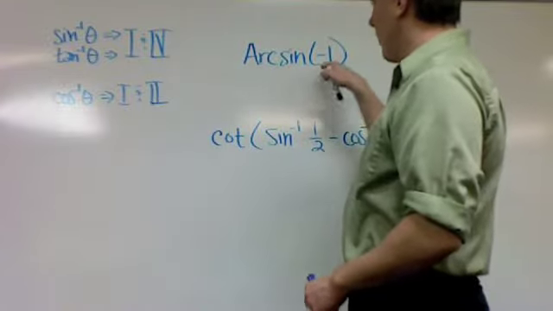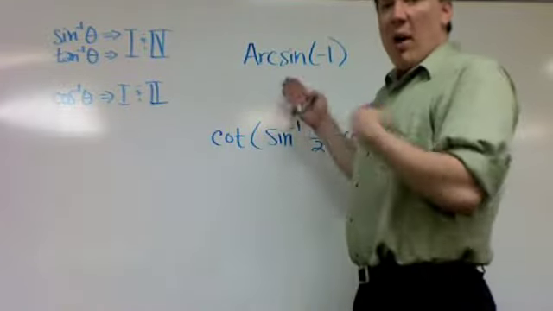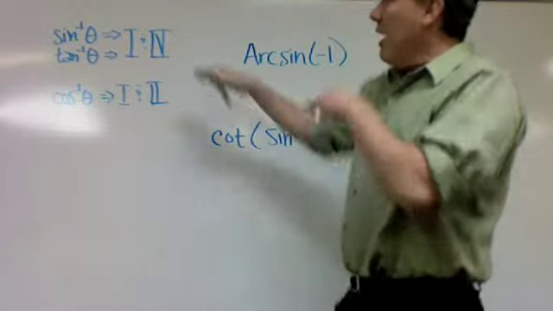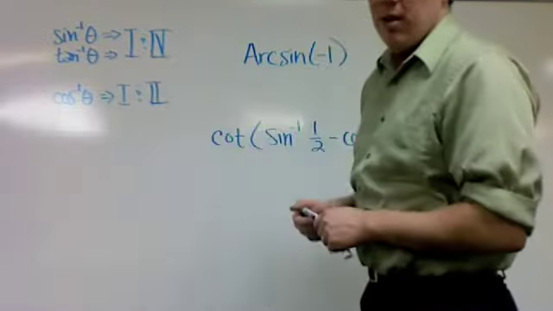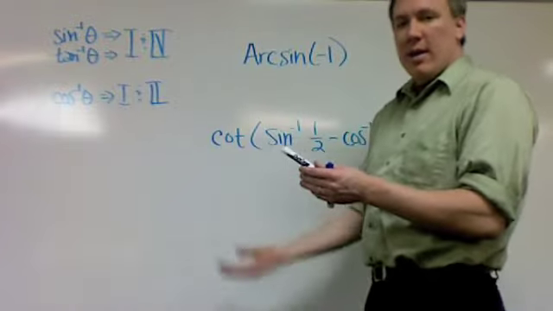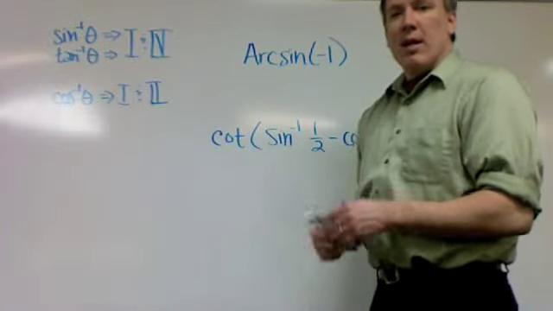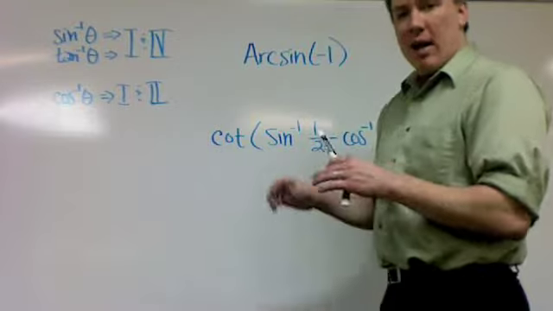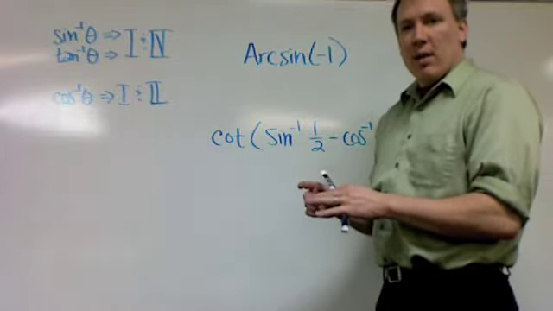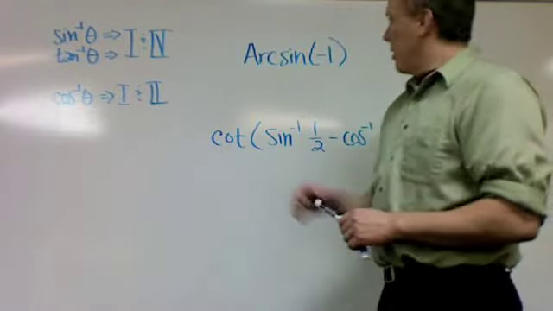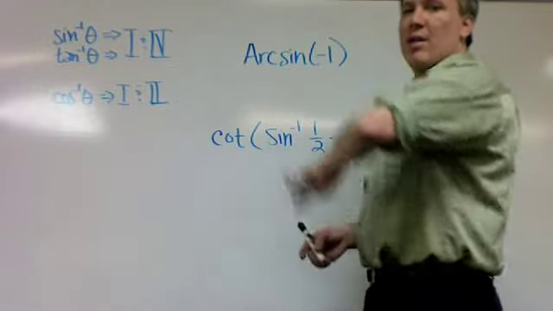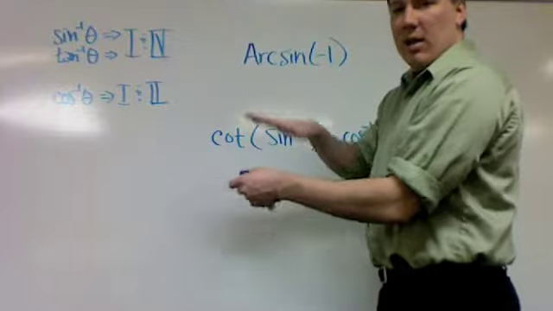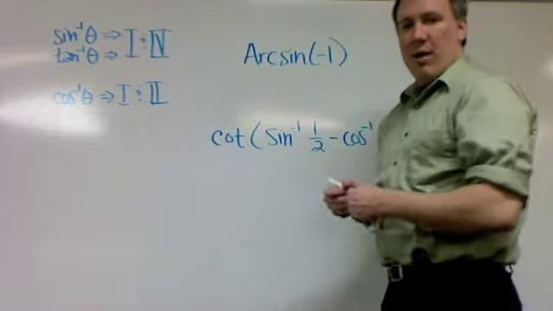So real quickly, here's how it goes. The arc sine of negative 1. So I look, where is sine negative 1 in these two quadrants? I have to look in these two quadrants, and you'll see sine's the y coordinate at the very bottom, and at 3 pi over 2, on your unit circle, it says that sine is negative 1. But 3 pi over 2 is going this way, and technically we go the other direction for arc sine.